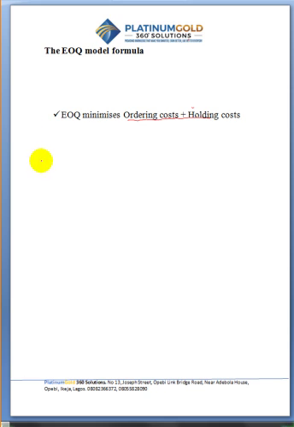So what is ordering cost? Ordering cost each year is CO times D divided by Q. That is ordering cost.